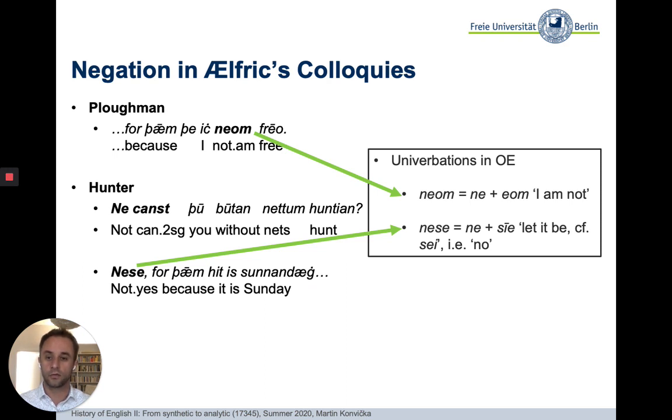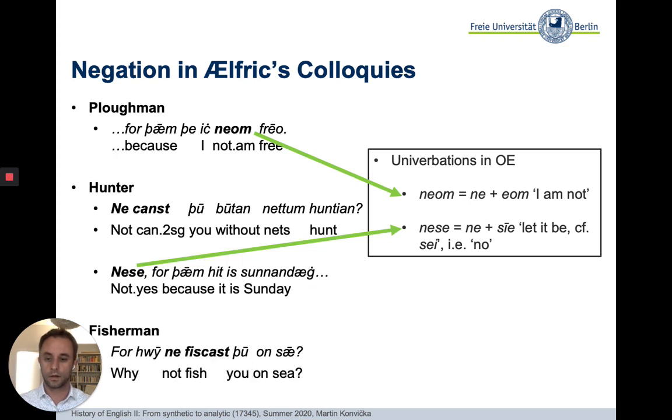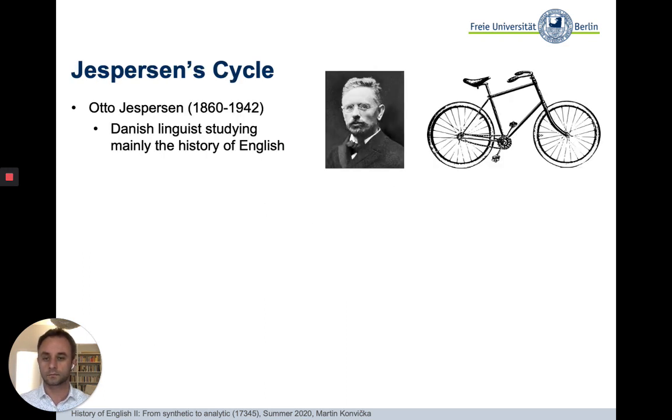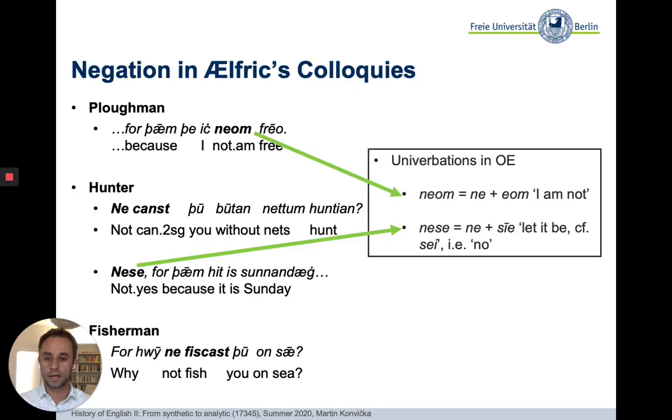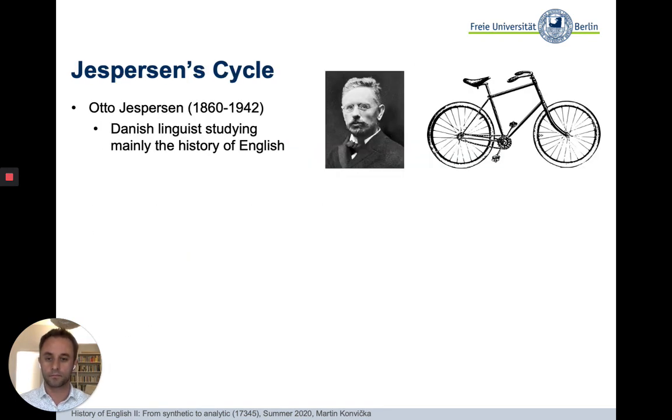So in the case of neom, ich neom freo, I'm not free, but ich eom freo would be I am free. Right. So this is how Old English looks like.